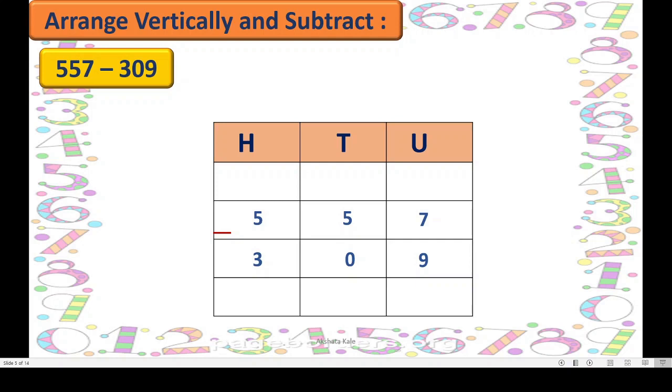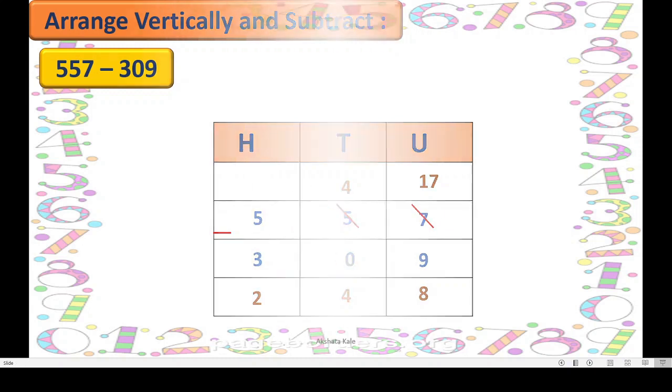So it borrows from 5 tens and it becomes 17. And 5 becomes 4 tens. Am I right? Now 17 minus 9 is equal to 8. And 4 minus 0 is equal to 4. And in the hundreds place 5 minus 3 is equal to 2. So our answer is 248. Right? Nice.